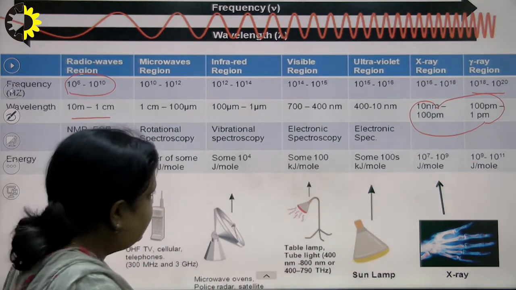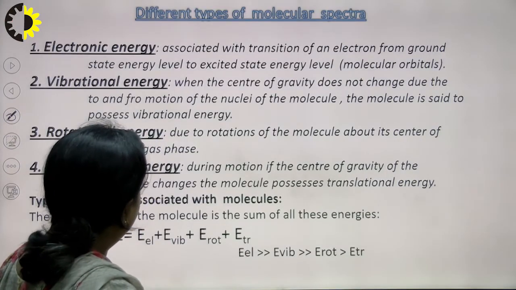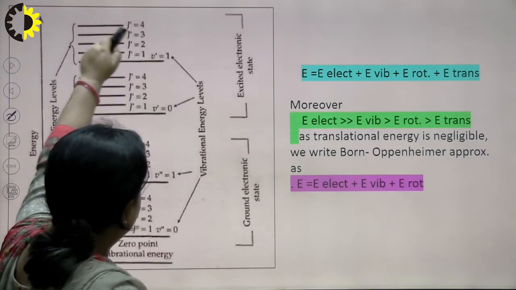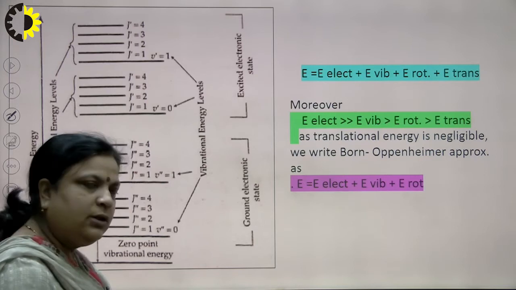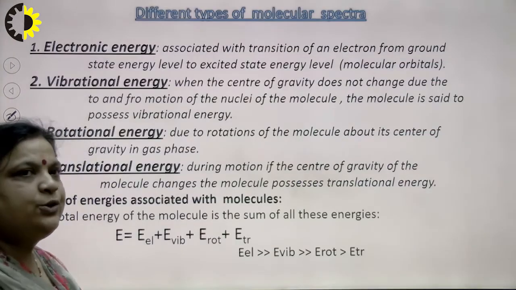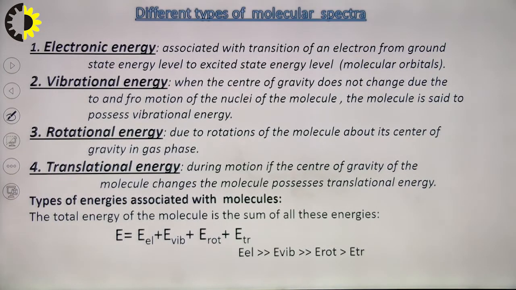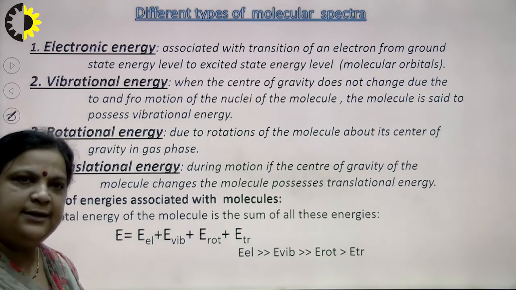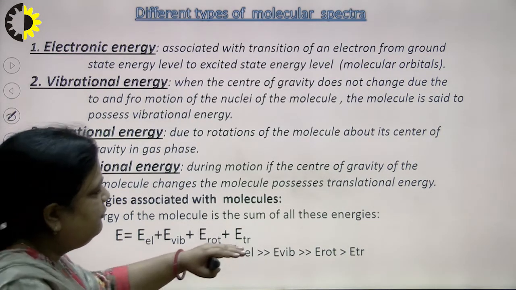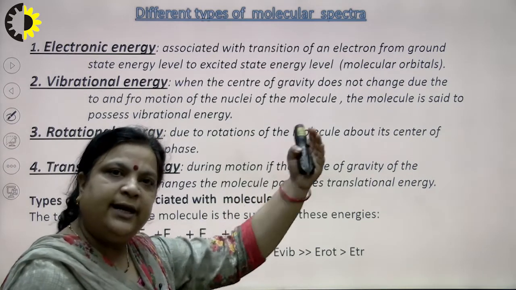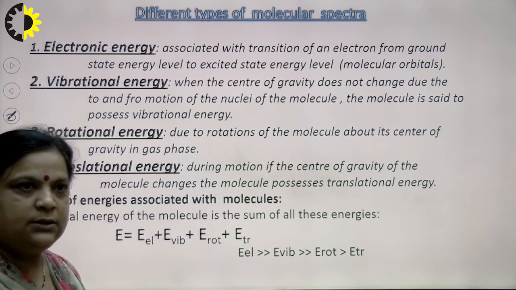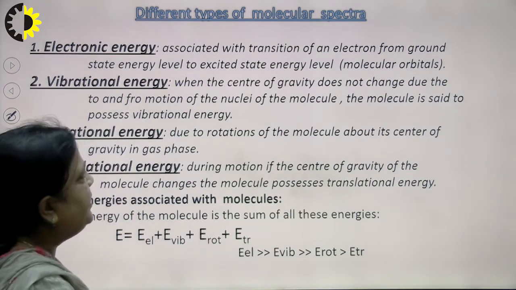To find this, let us take this diagram, but before that we should know how many types of energy are associated with a molecule. First is electronic energy level, associated with transition of an electron from ground state to a higher excited state in molecular orbitals. Second is vibrational energy.